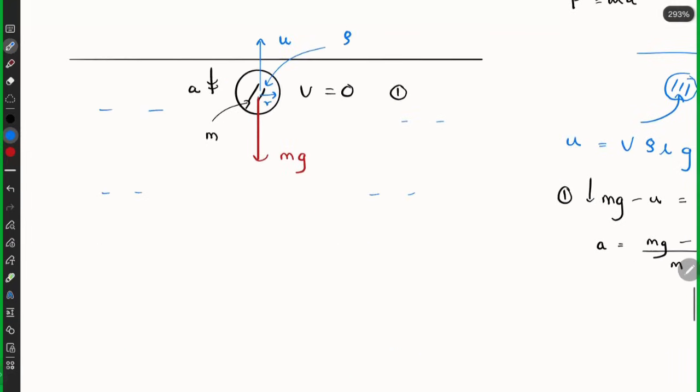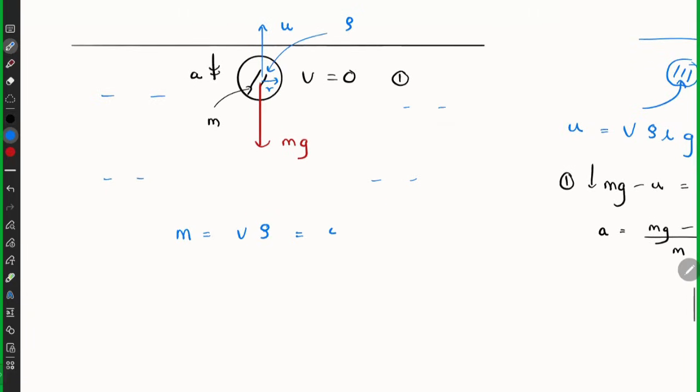So what is going to be the mass of this object? Volume multiplied by the density of the object. What's the volume of the object? 4/3 pi r cubed, multiplied by rho, right?